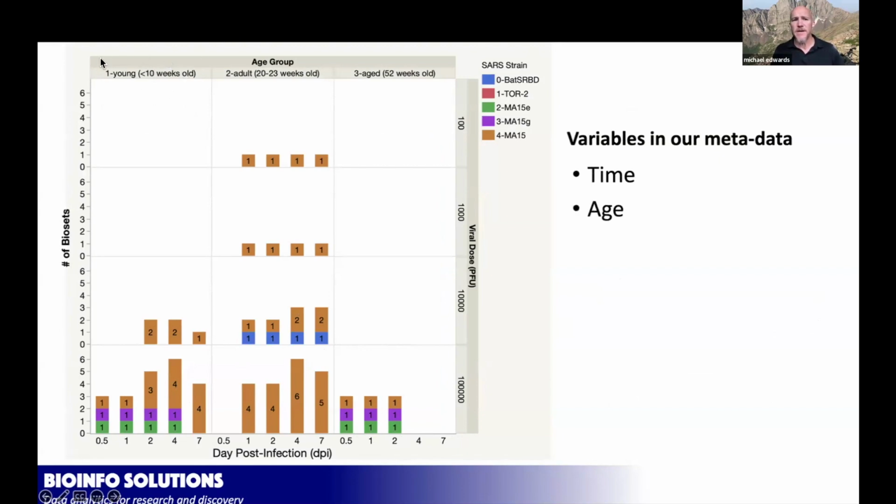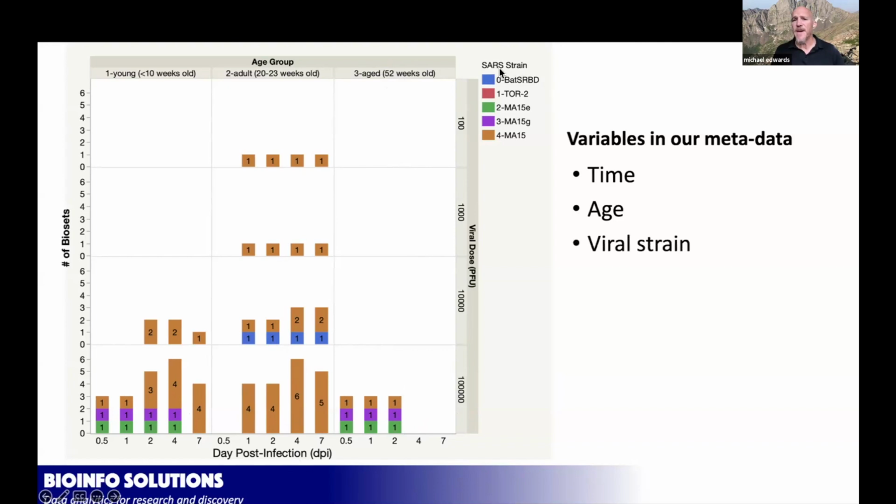You can see the age groups: young, which is less than 10 weeks old, an adult group, 20 to 23 weeks old, and an aged group, 52 weeks old. What's nice is that, just like the human condition, we don't have any samples in the aged group from 4 to 7 days post-infection. These mice die. They don't live that long because they're more susceptible to the virus, just like in humans. So there are no samples here, although there are some in the adult and the young groups.